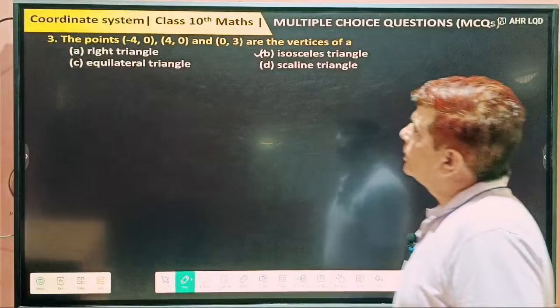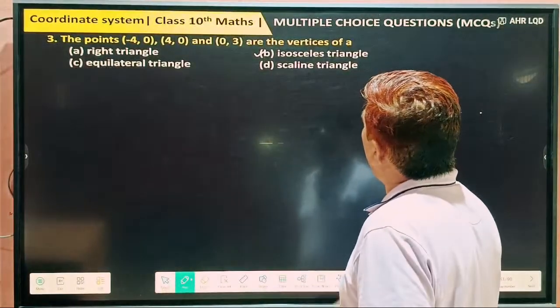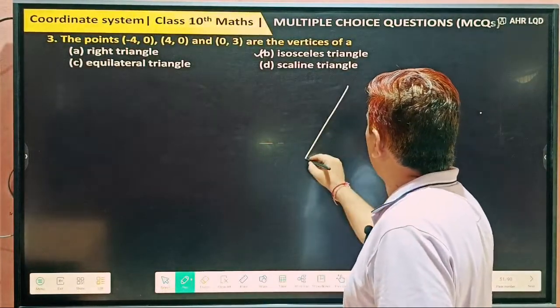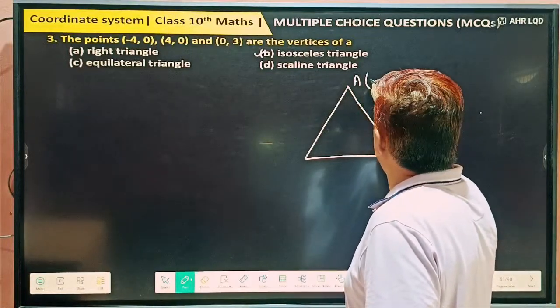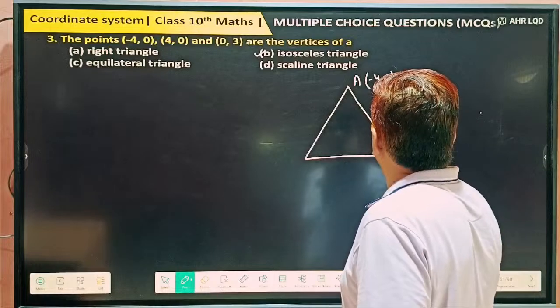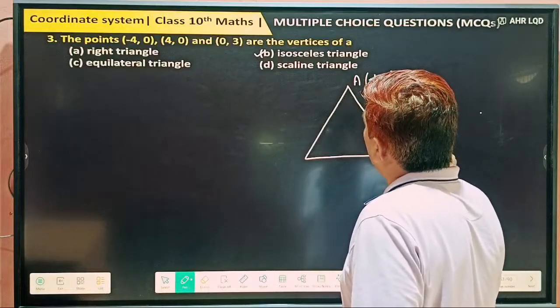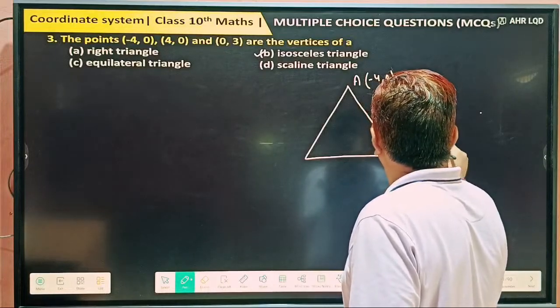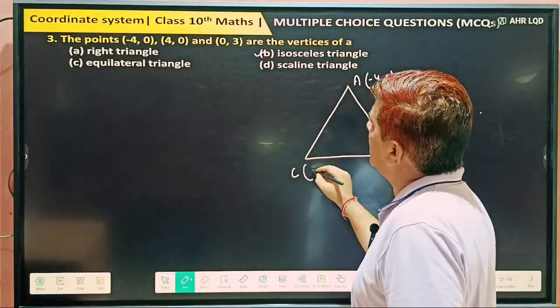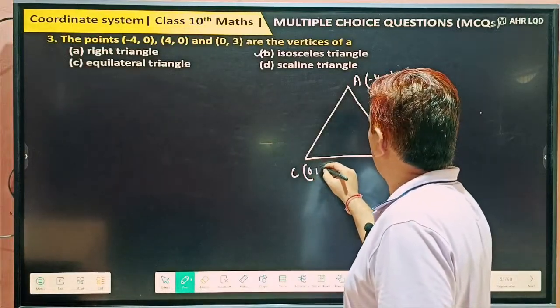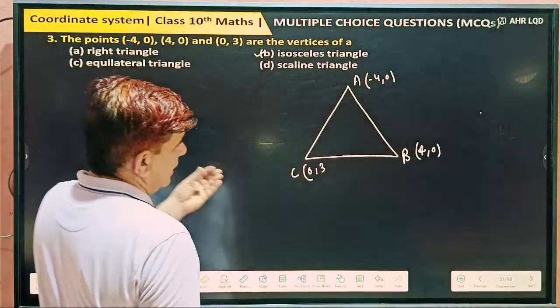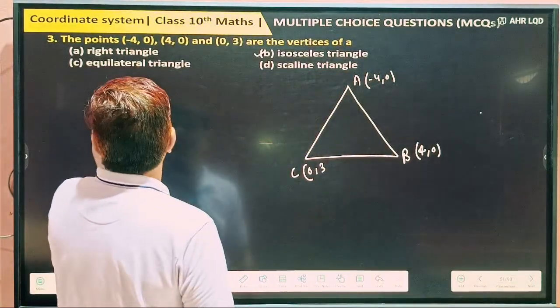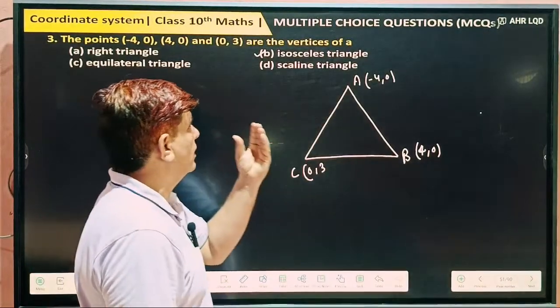Third, the points are the vertices. The given point A has vertex minus 4, 0, B is 4, 0, and C is a vertex whose coordinates are 0, minus 3. We have to tell whether it is a right angle triangle, isosceles triangle, equilateral triangle, or scalene triangle.